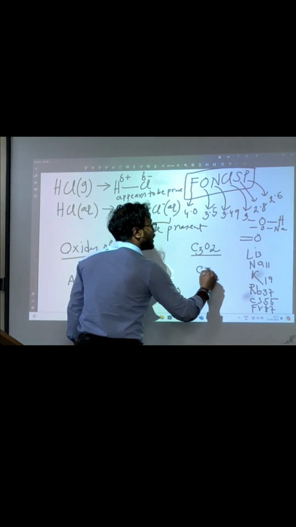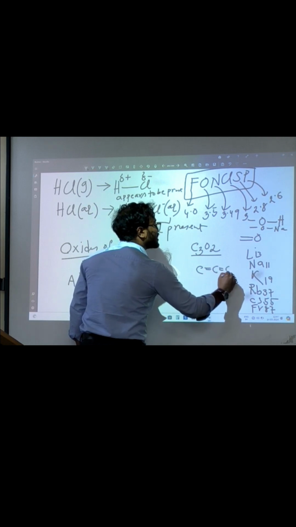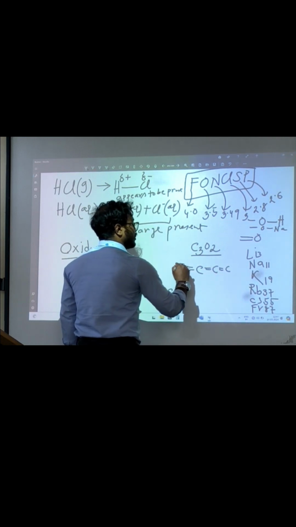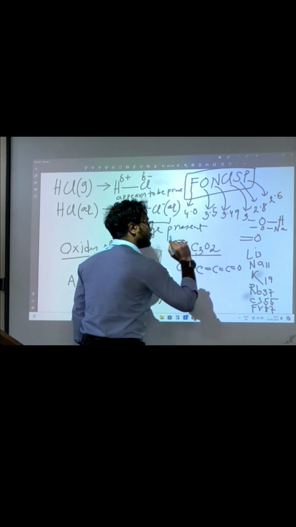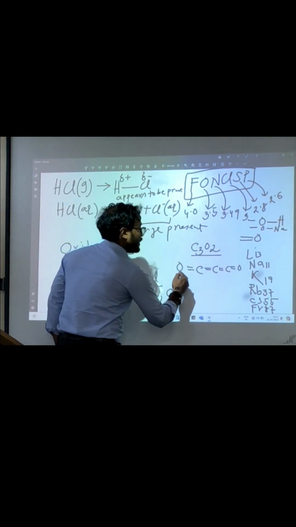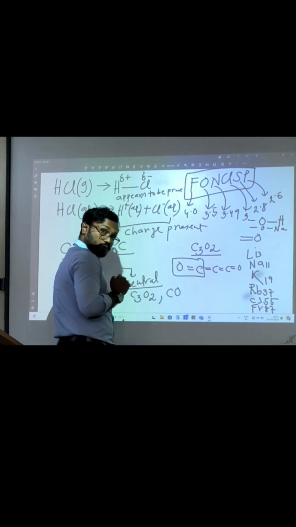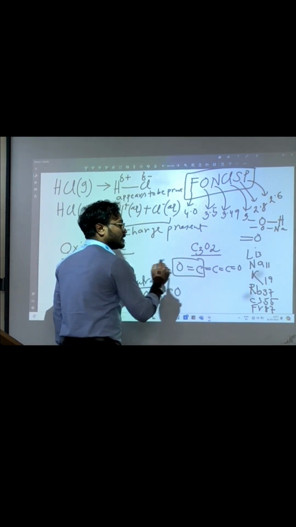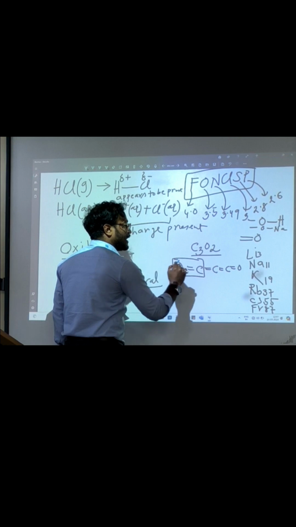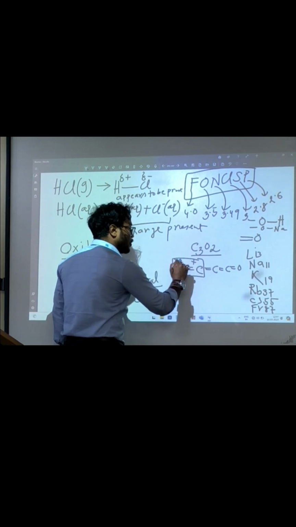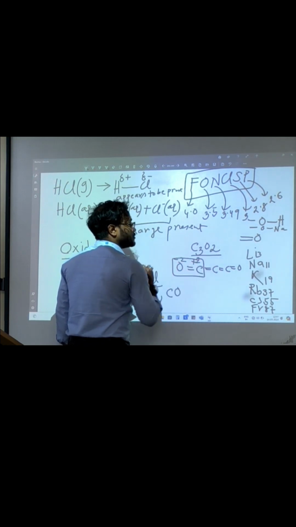Carbon connected with carbon, connected with carbon. Only oxygen is there, so we are going to connect it via double bond. Carbon and oxygen we will consider at once. So carbon and oxygen, 2 bonds are there. Oxygen negative, carbon positive. 2 bonds, so -2, and this is +2.